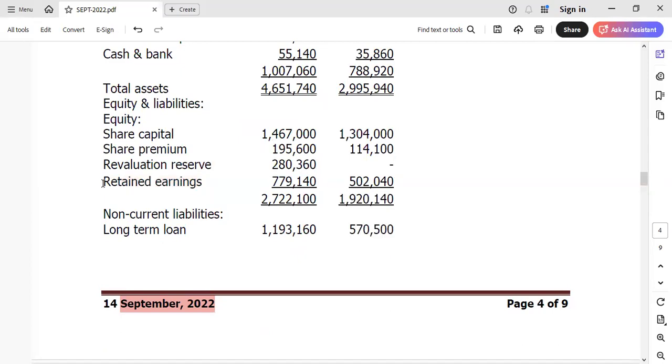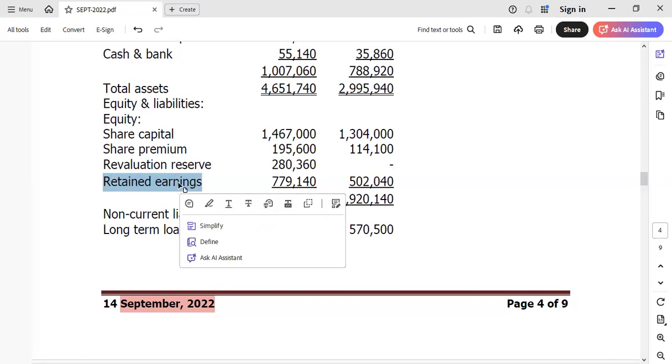The earning, just to know that it is the money retained after paying dividends. Okay? Retained earning is basically what the company retains, what the company remains with at the end of the year. Okay? So this one comes from profit after tax.